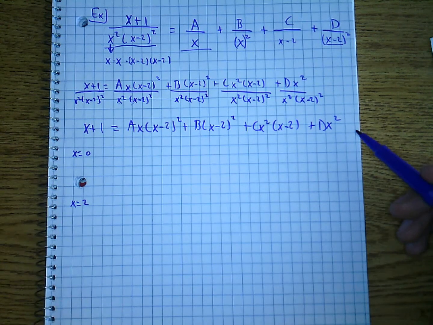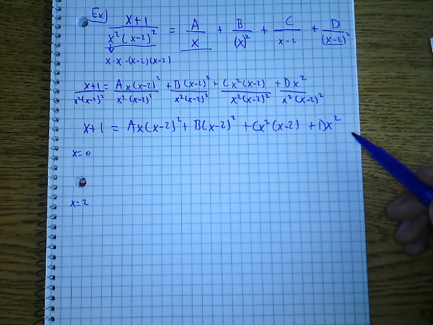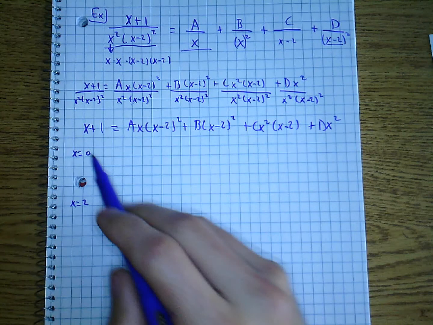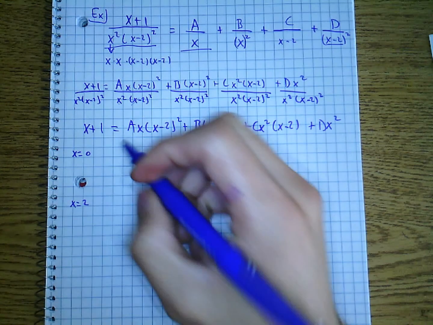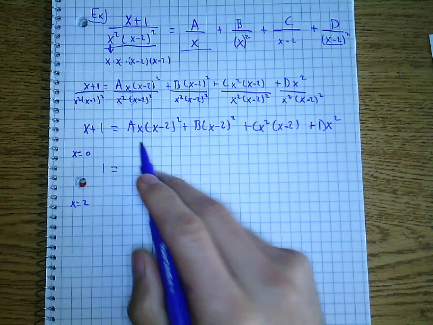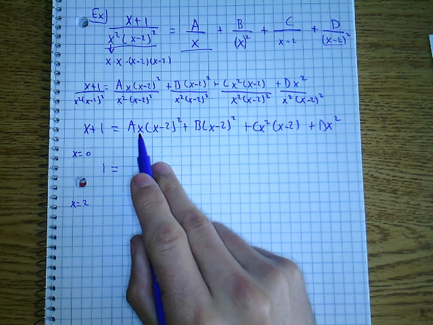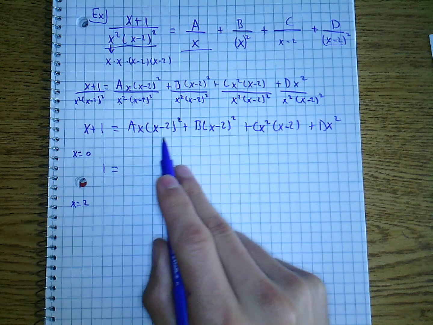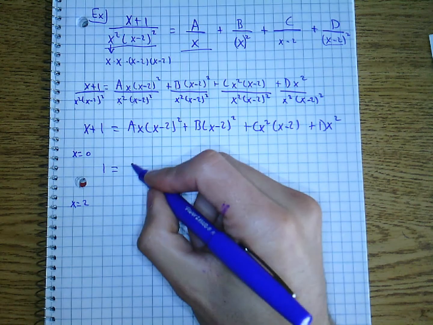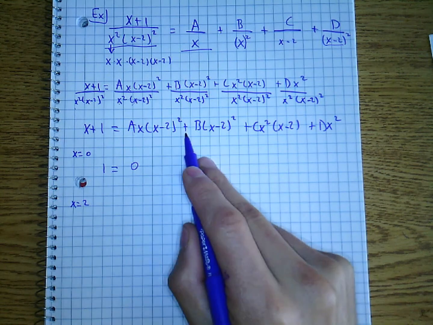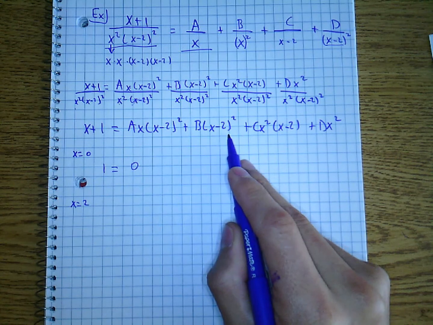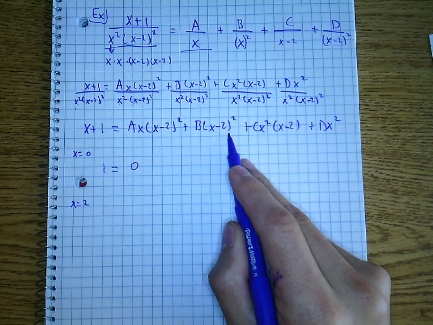You with me? Okay, so if I plug in 0, 0 plus 1 gives you 1, which is equal to... If I plug in a 0 right here, that's going to make all of this go away. Do we understand why? Yes. Good. If I plug in 0 here, you get negative 2 squared, so negative 2 squared gives you positive 4b.